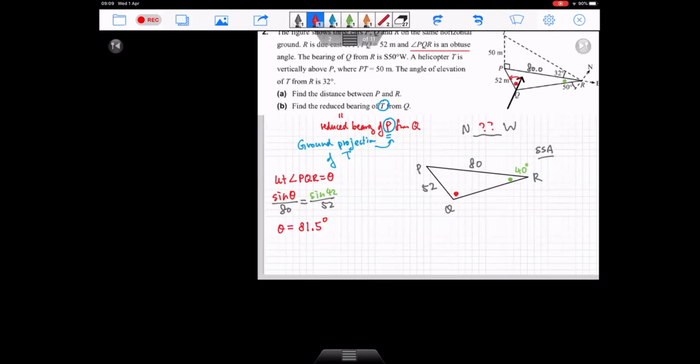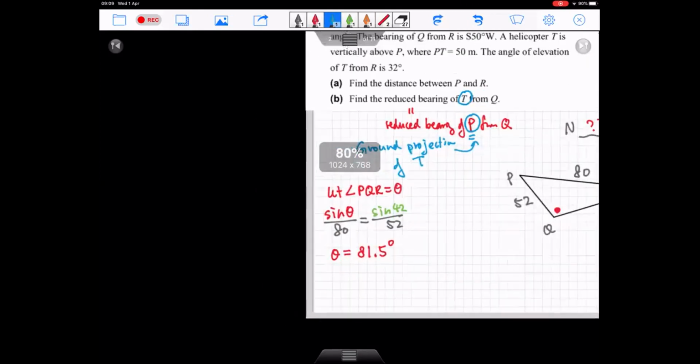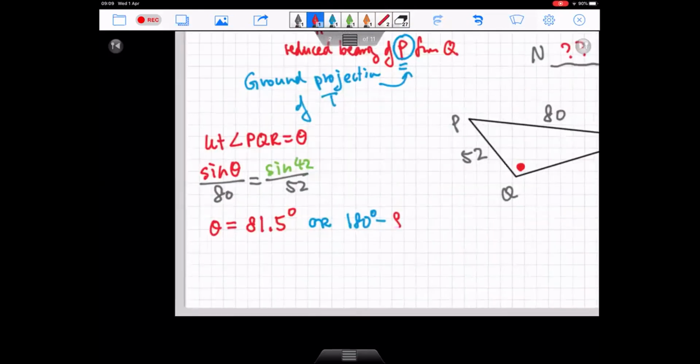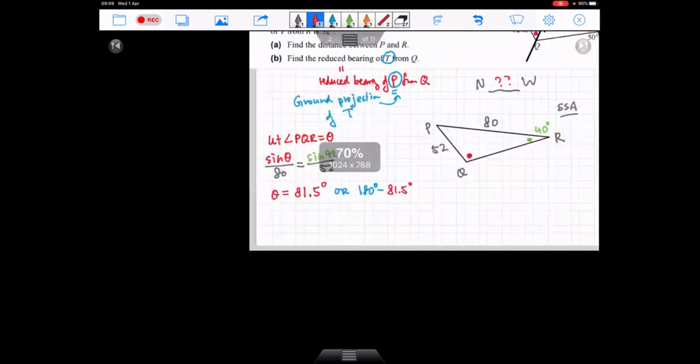Number one, you did not read the question carefully enough. Angle PQR is an obtuse angle, stated explicitly in the question. Secondly, you are not aware that for the sine formula, there might be an alternate solution, 180 degrees minus. That is a huge trap for using the sine formula to find the angle.